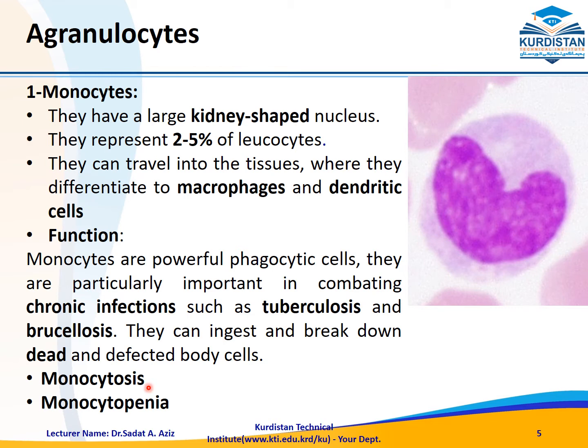When there is an increase in the number of monocytes, it is called monocytosis, while a reduction in the number of monocytes in the circulatory system is called monocytopenia.